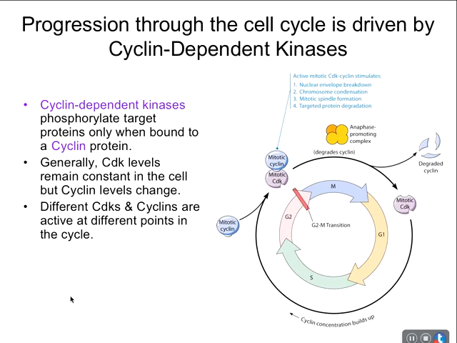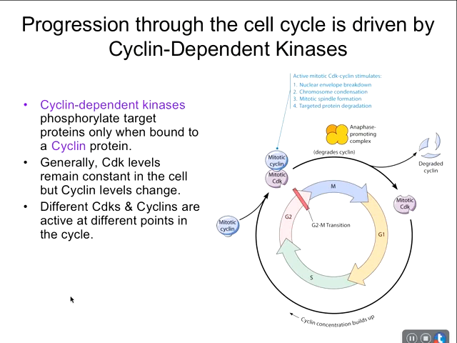What will happen is the cyclin level changes. So CDK is constant. Cyclin levels change. CDK levels are constant, but the cyclin levels change through the cell cycle. When the cyclin levels are high enough, it's going to bind to its CDK and activate the process.